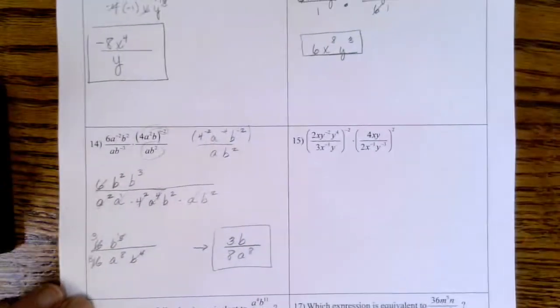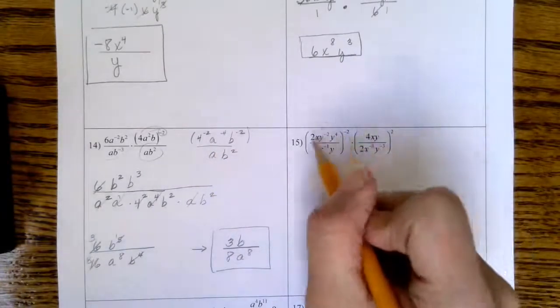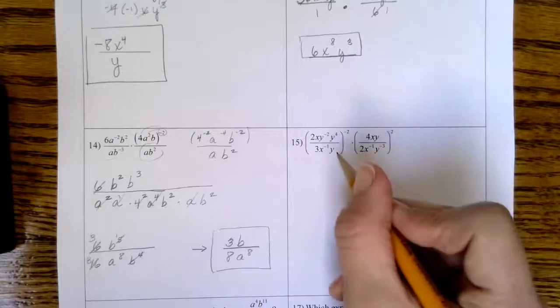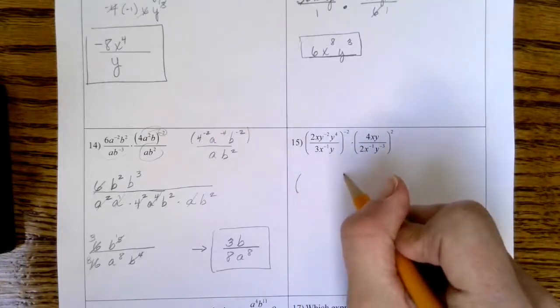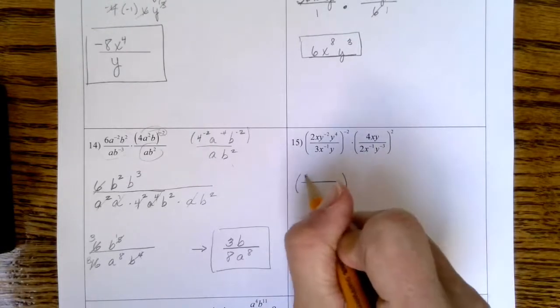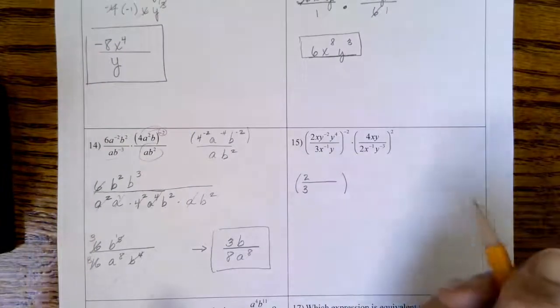All right, let's talk about 15. Wow. So we got some cleaning up to do in here first before I even look at that exponent. And again, you can do this in any order that makes sense to you as long as you're following the rules.